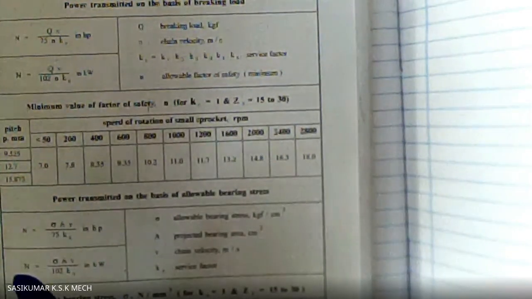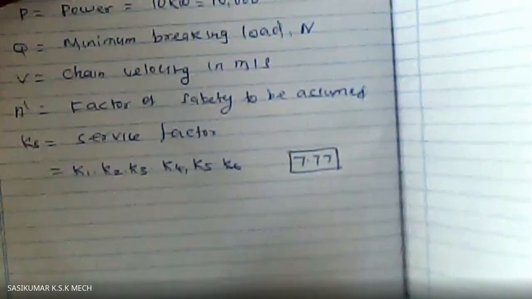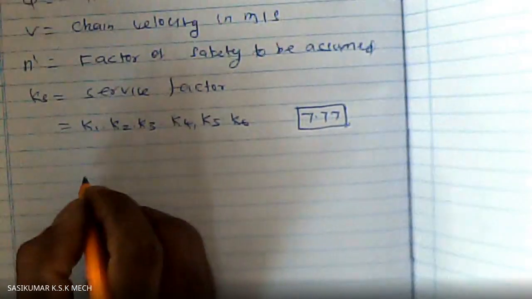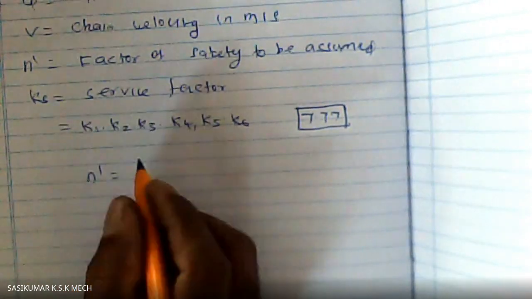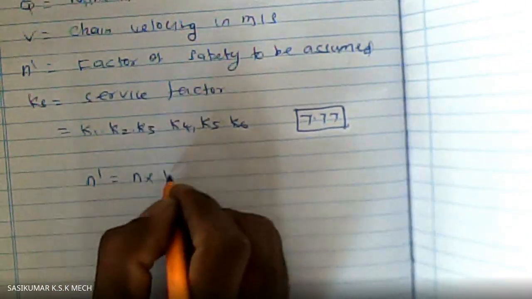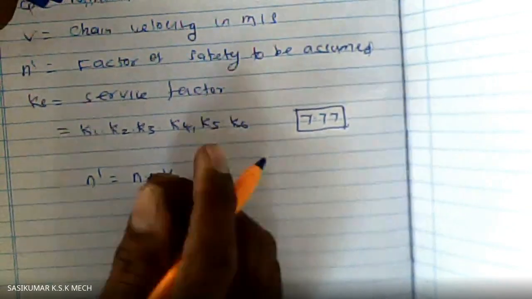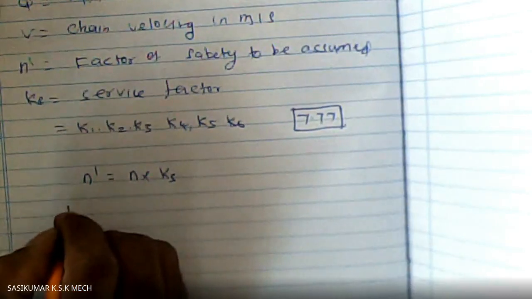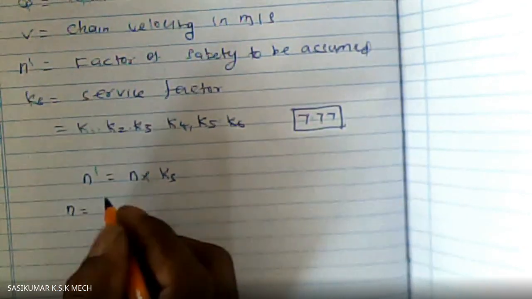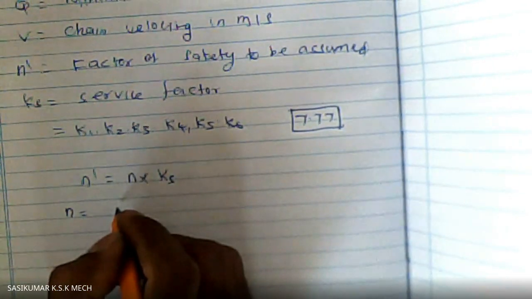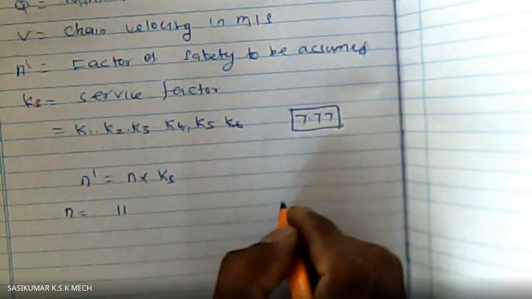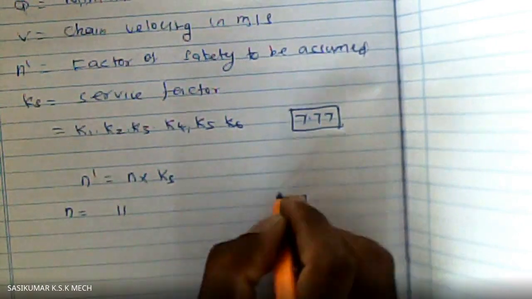So we'll first find out Ks. Then n dash is nothing but n into Ks, where n is the factor of safety, assumed as 11 from page number 7.77.